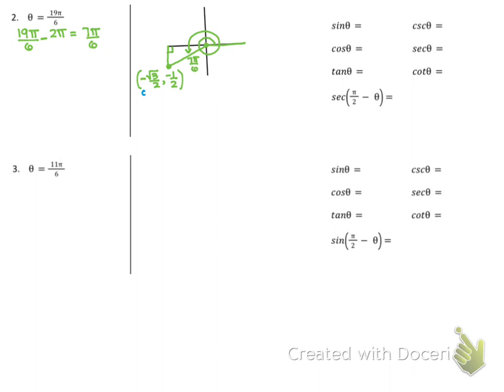I know that the x value is cosine and the y value is sine, so I can go ahead and fill those in. So cosine is going to give me negative root 3 over 2, and I know sine is going to give me negative half. Now, I can still do tangent, so tangent is equal to sine over cosine.